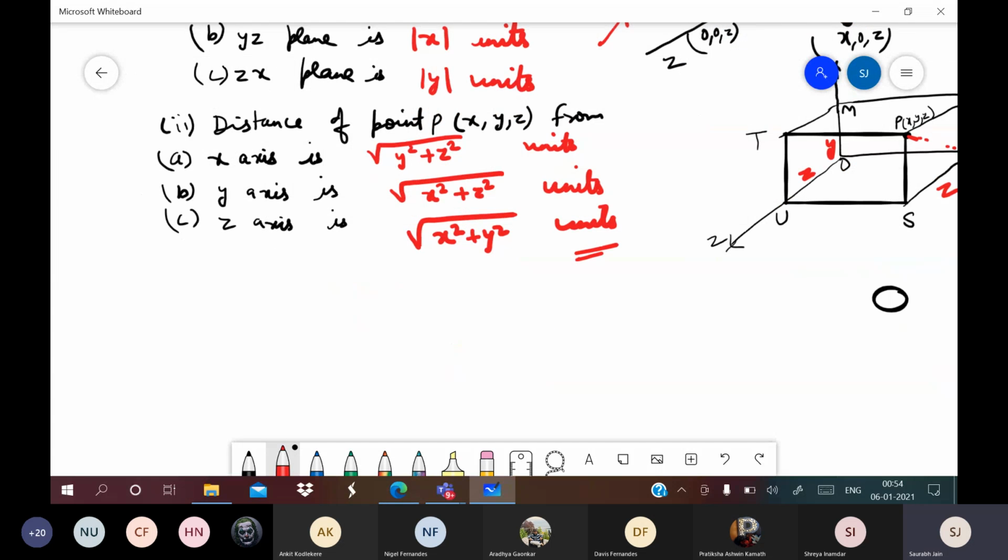Then after this, there come the same type of concepts. First is the distance formula.